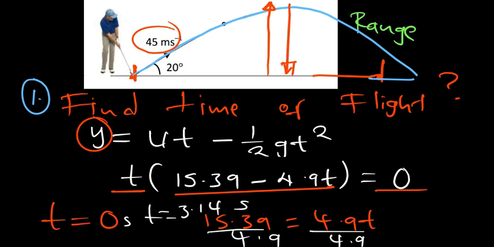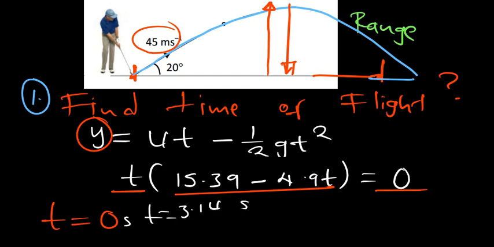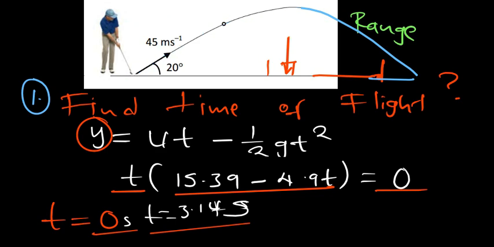So we found time twice, and we have two answers. Are any of you able to think of the reason why we have two answers for time? It's where displacement is 0. So actually displacement is 0 twice.